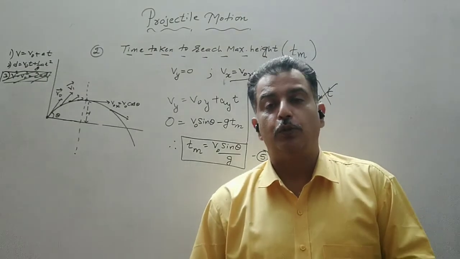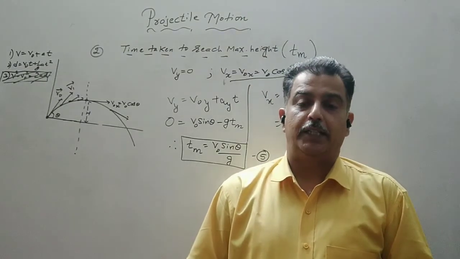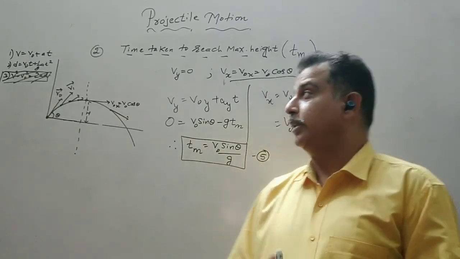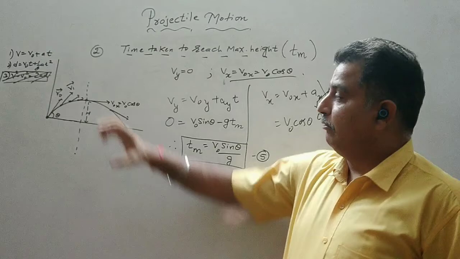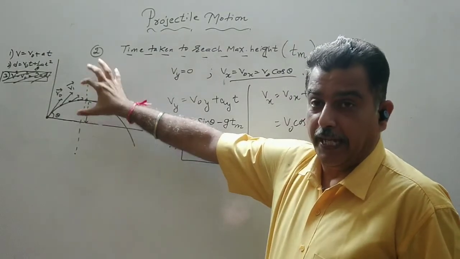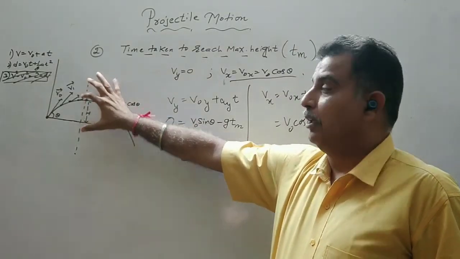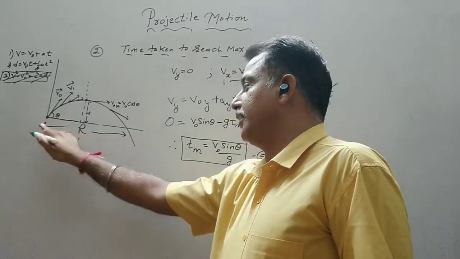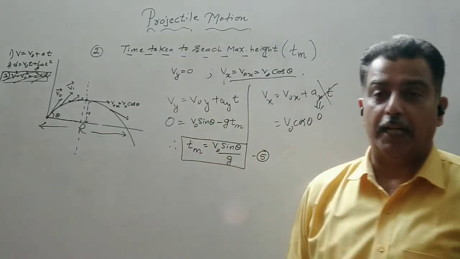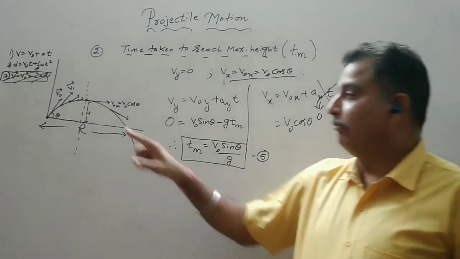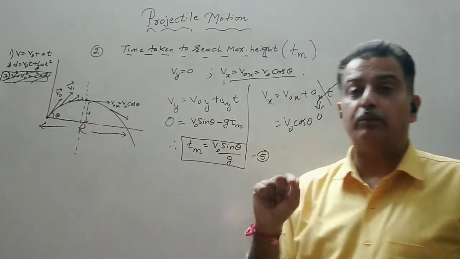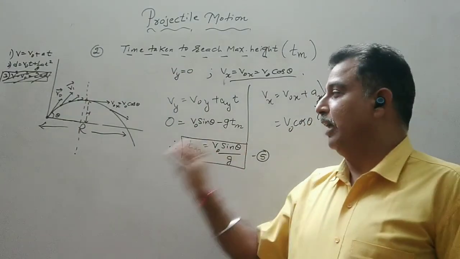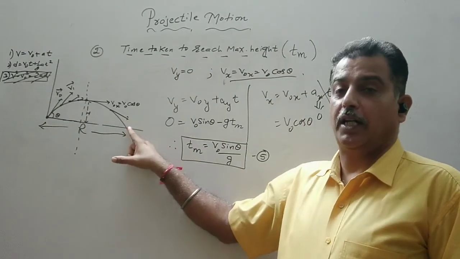We will continue this topic in the next lecture. That will be part 2 of projectile motion, where we will see what is the maximum height achieved by a projectile, what is the range of a projectile. The horizontal distance of a projectile is called range, and what will be the time of flight. Time of flight means in how much time the body will return back to the earth.